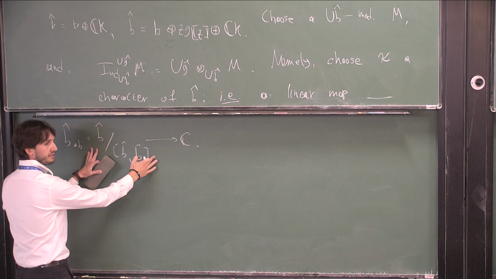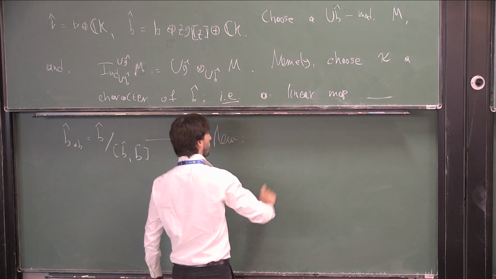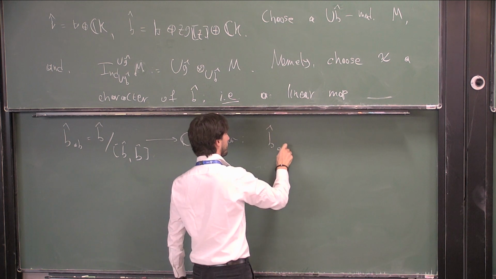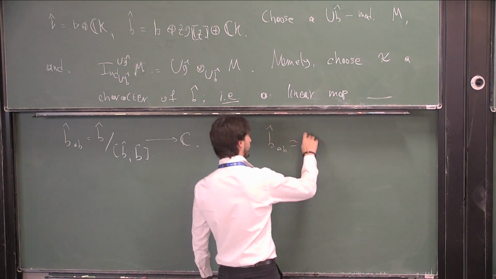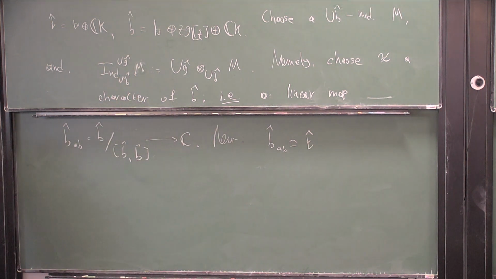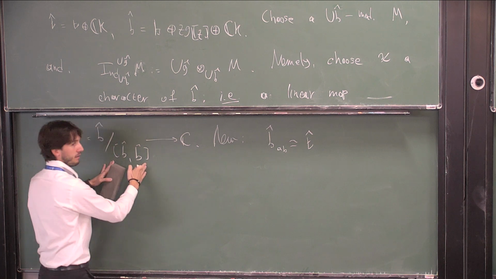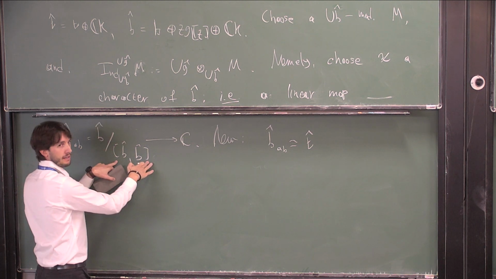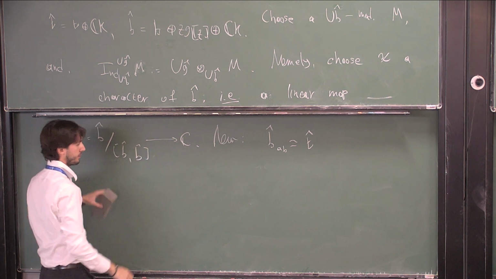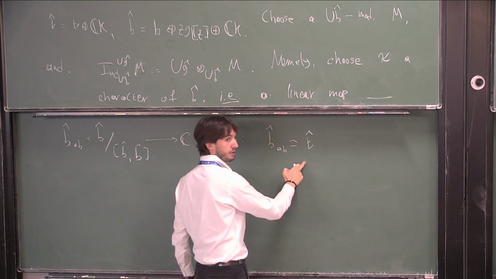So now, what is this very concretely? You can identify it with T hat. If you just compute this commutator, you will see that that is a natural vector space complement of the derived subalgebra inside there. So I can write this. And so now I must give you an element which is just a linear functional here.